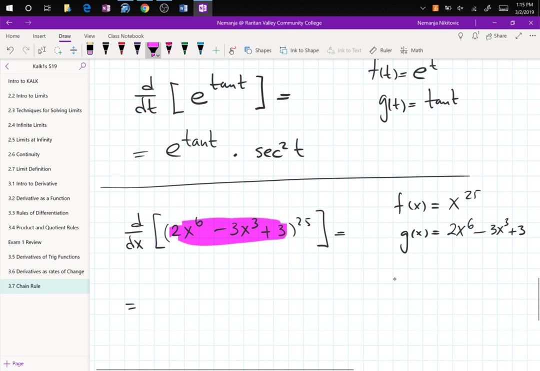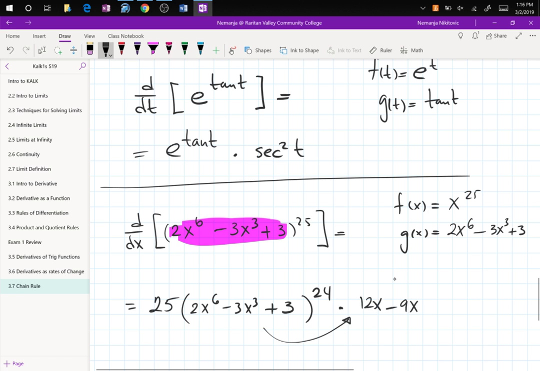It's like x to the 25th. So the derivative of that is 25 x to the 24. Do we all agree? And you just have to fill in 2x to the 6 minus 3x cubed plus 3 for now. And then times the chain, which is the derivative of the inside, which is 12x to the 5 minus 9x squared, and that has to be in parentheses. There you go. Done deal.